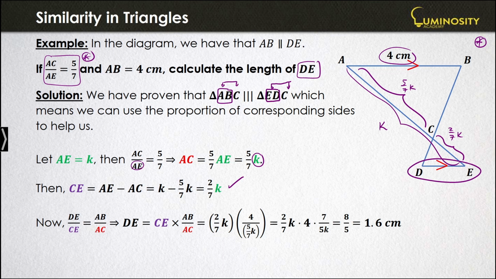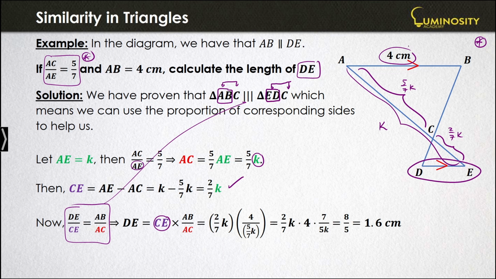Doing that, I get this equality from similarity, because the triangles are similar. If I isolate DE by itself, I multiply both sides by CE, and the reason we did that is that now we have a representation for CE, which is 2/7 K, times AB over AC.